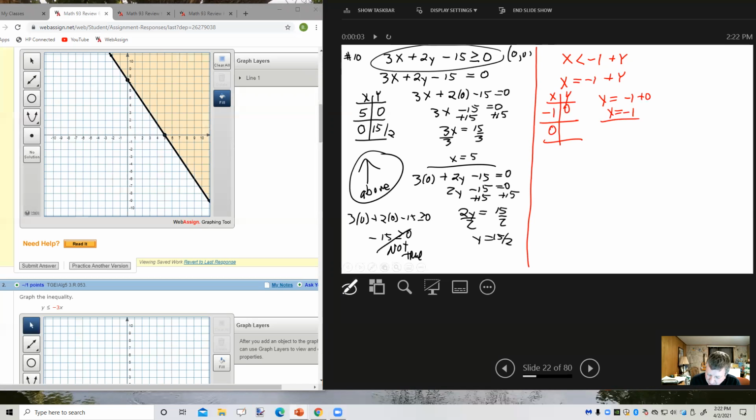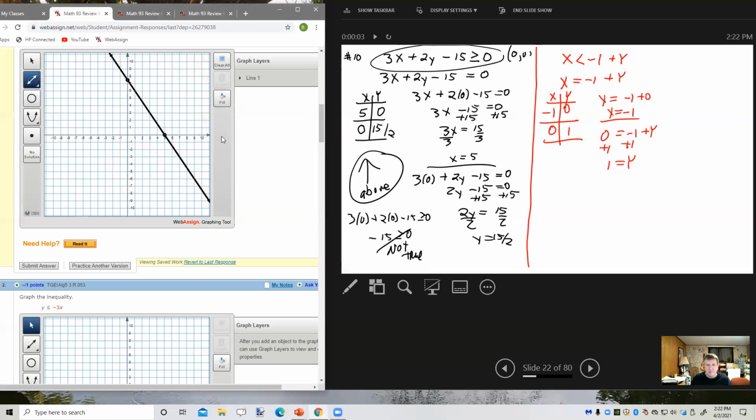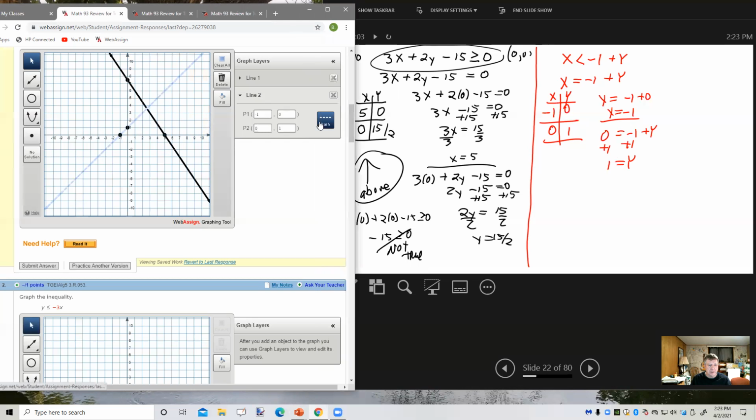To find the y-intercept, set x equal to 0, 0 equals -1 plus y, add 1 to both sides, y equals 1. So let's take those 2 points and plot them, -1, 0, and 0, 1. This line is going to be dashed because the original inequality statement does not include equals. So go over here and make it dashed.